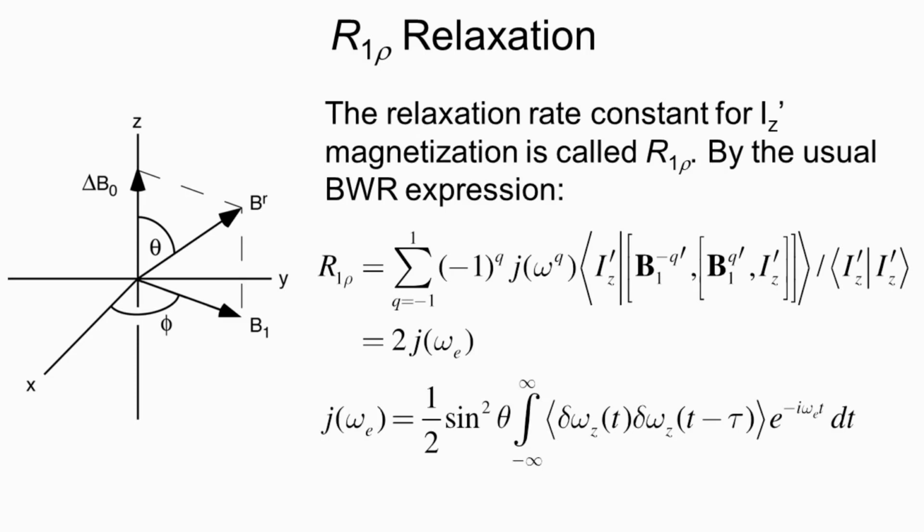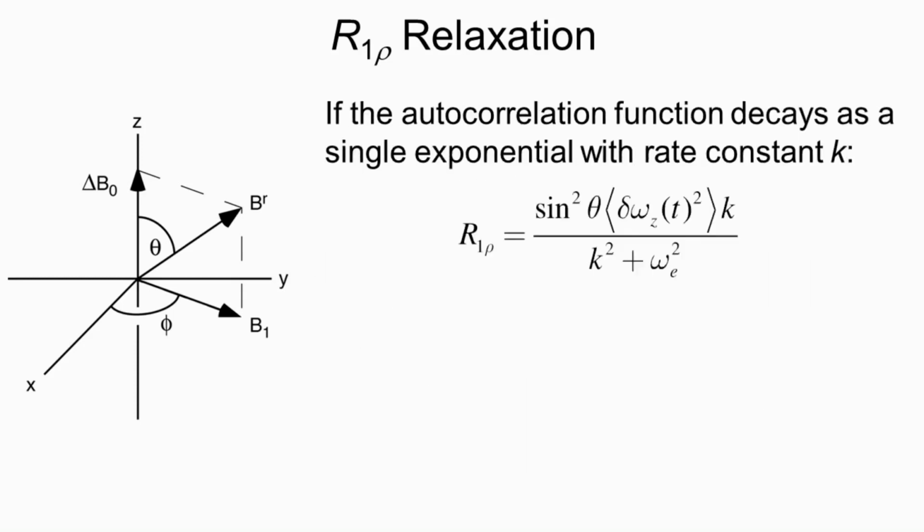We have now this term sine squared theta. That again came from projecting the fluctuations onto our new z-axis. If the autocorrelation function decays as a single exponential with rate constant k, once again I can just integrate that expression, and the result of doing the integral is shown here.